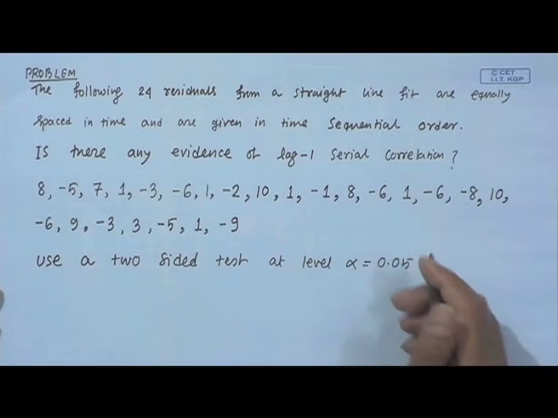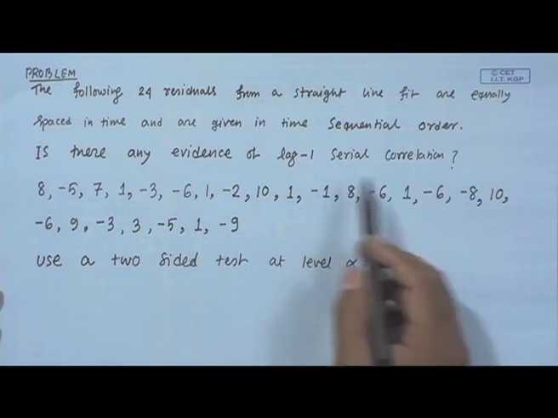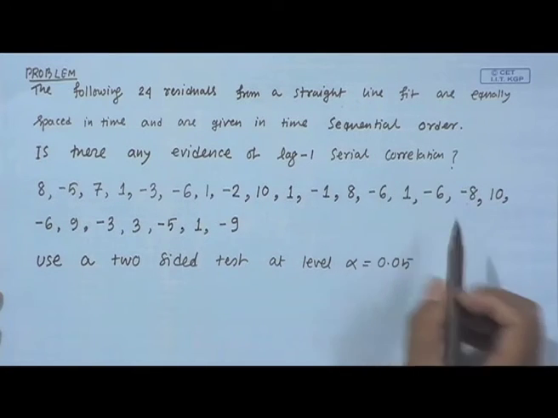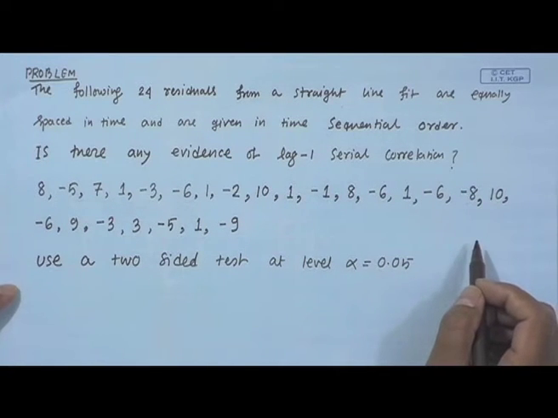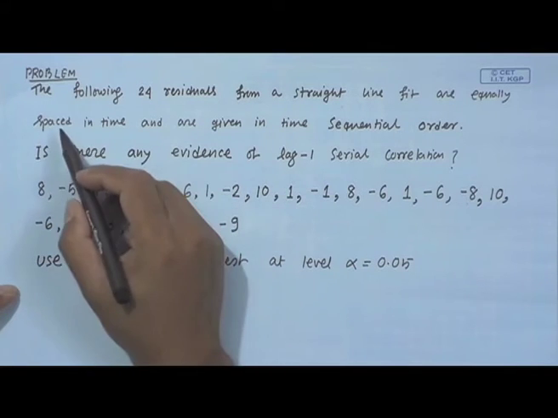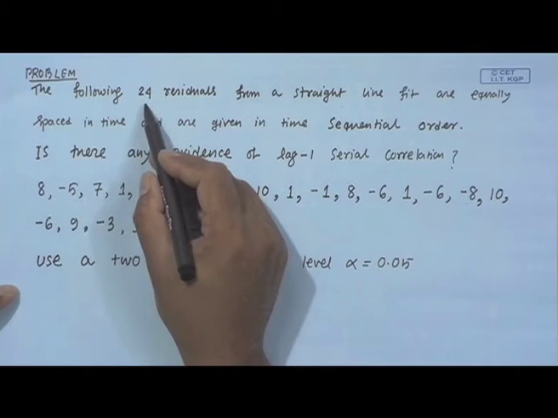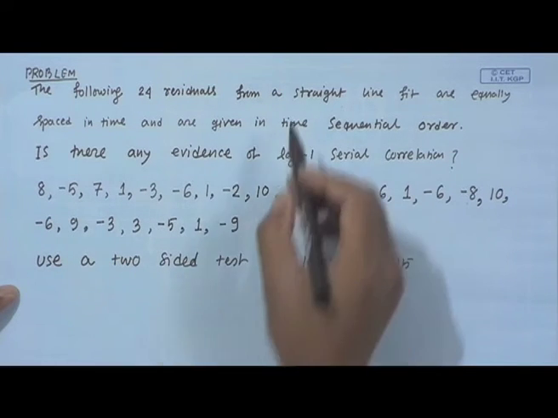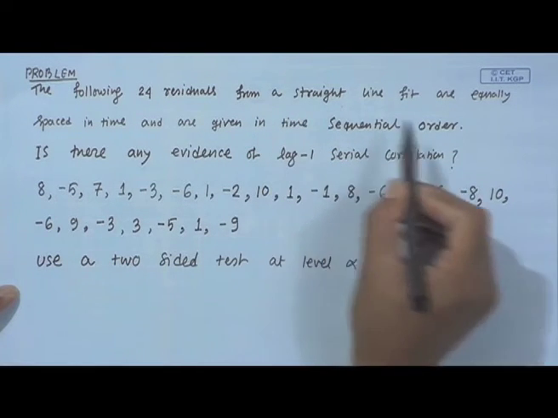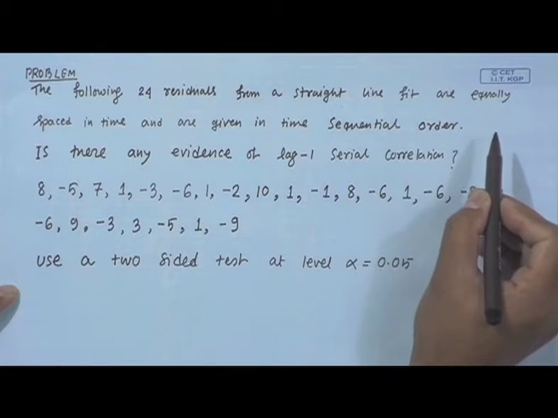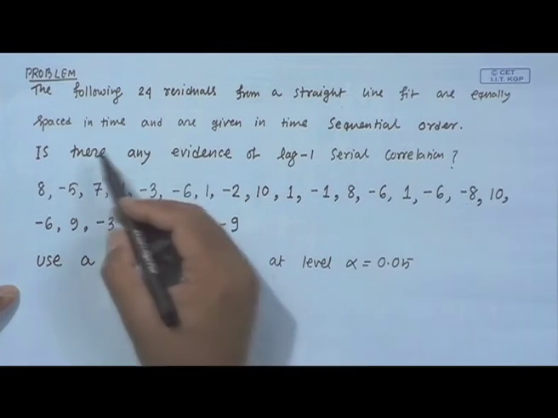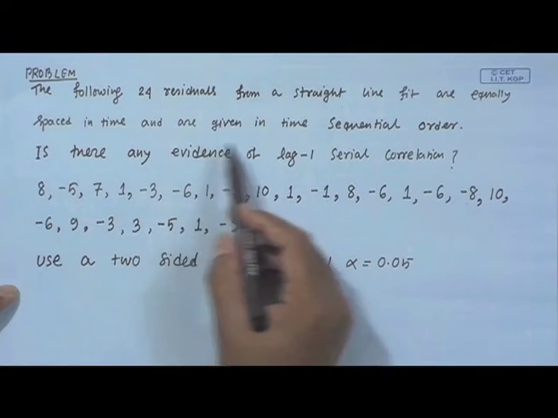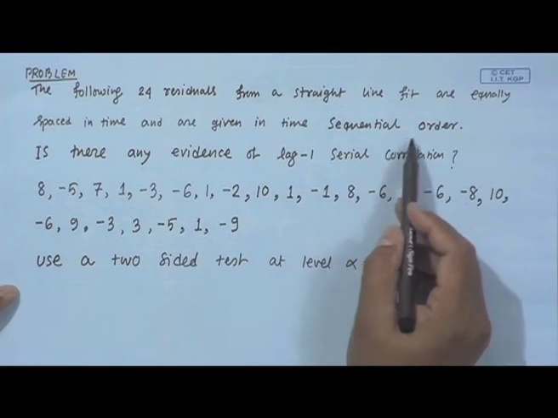Okay. So, let me consider one more problem. This is also to check whether there exists lag 1 autocorrelation or serial correlation. It says that the following 24 residuals from a straight line fit are equally spaced in time and are given in time sequential order.